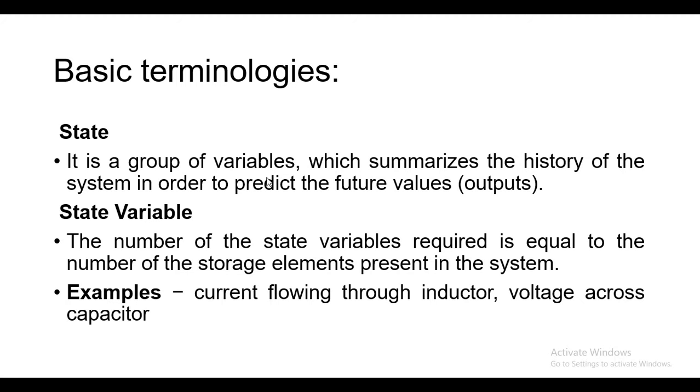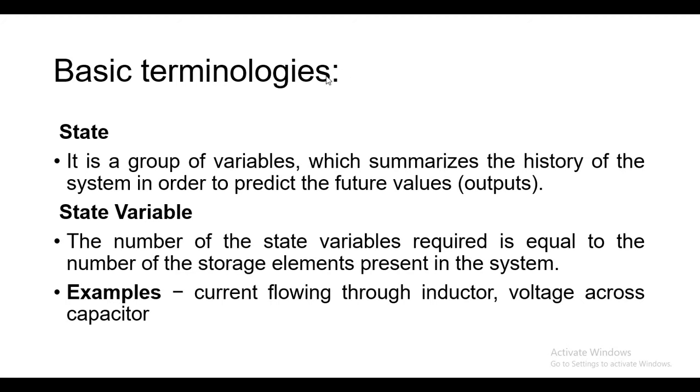Suppose you have applied some input before t is greater than 0, and based upon that you have got some outputs or results. If you have such a set of system variables, or a history of the inputs and its behavior, from which you can predict the output, that can be called a state.